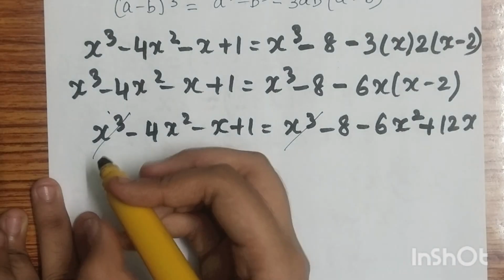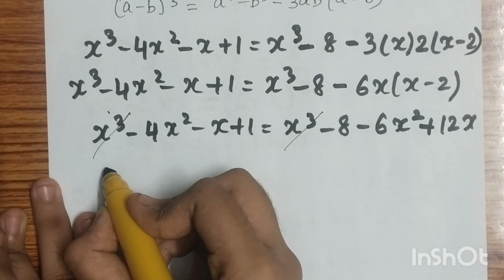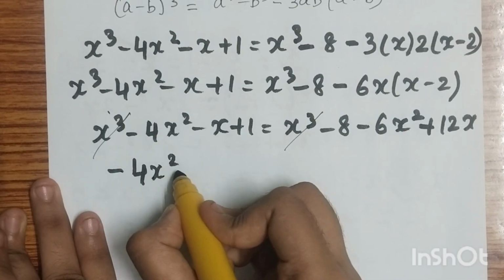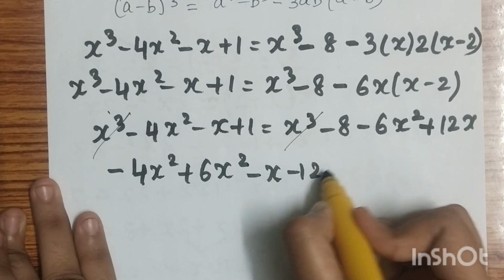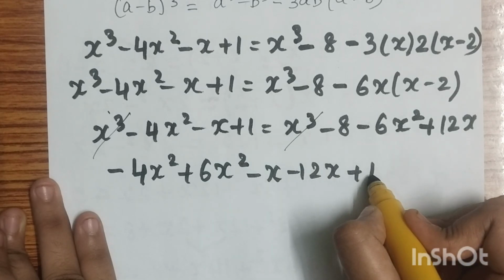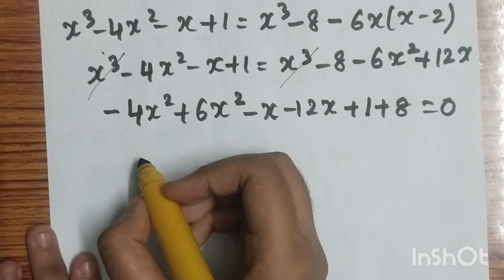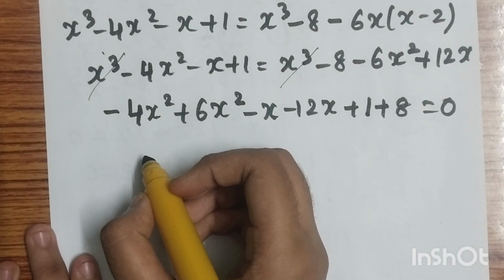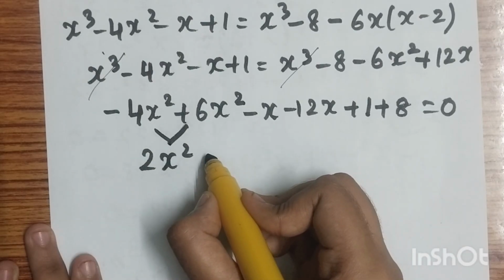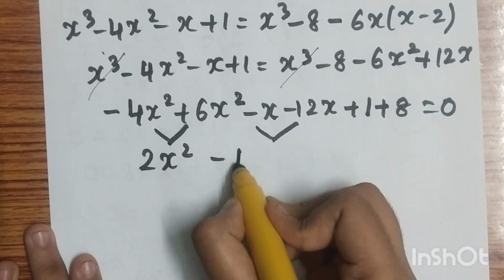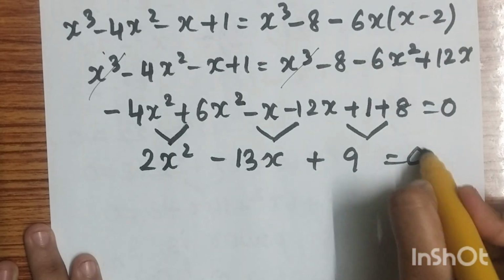So we'll have minus 4x square plus 6x square minus x minus 12x plus 1 plus 8 is equal to 0. If I simplify this, I'll be getting 2x square, and this one is minus 13x, and here plus 9 is equal to 0.